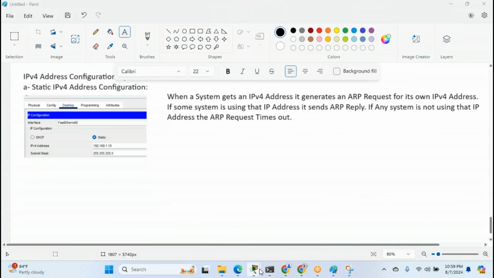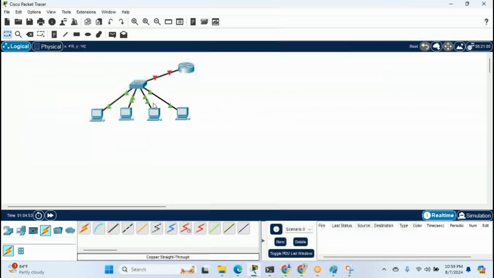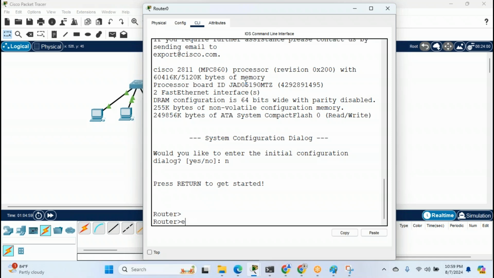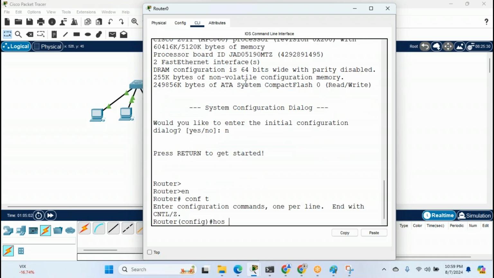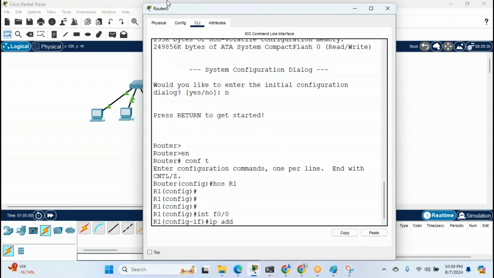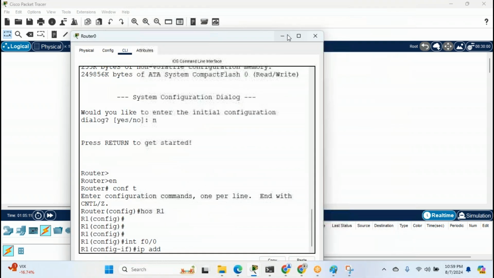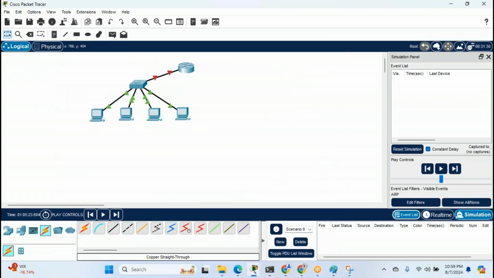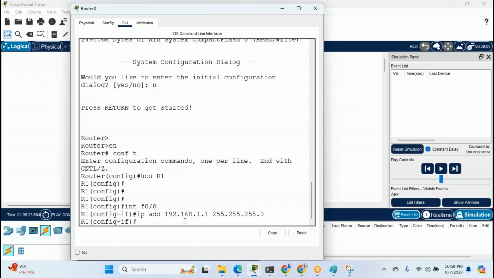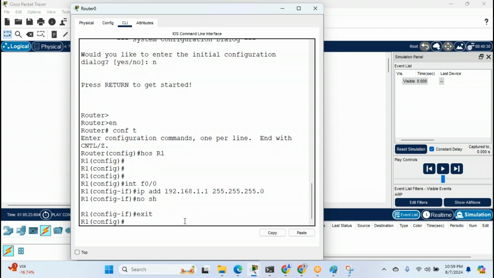So if we go to the router, interface FastEthernet 0/0, IP address 1.1, 255.255.255.0. No shut and exit.